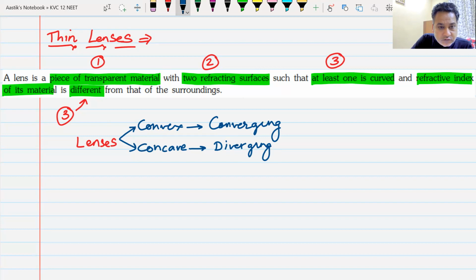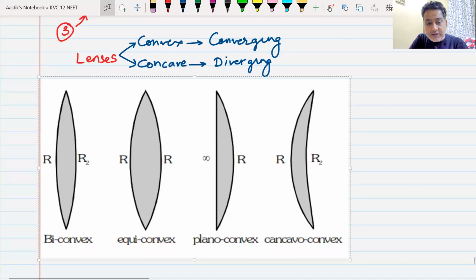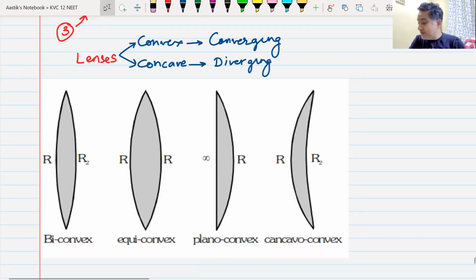Okay. Now, talking about convex lenses, which are converging lenses, we can have different types of these converging lenses. These are the four types that we are normally going to encounter. Do we see this?